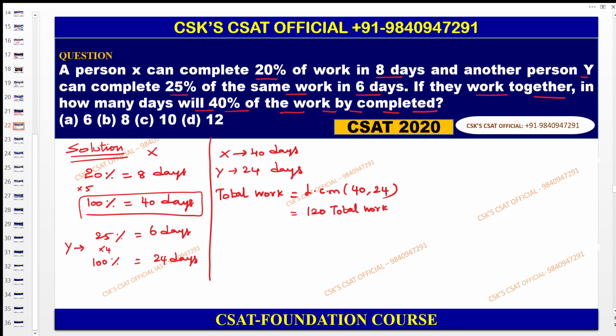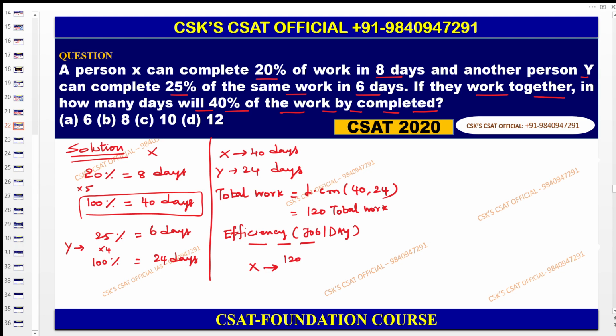Finding out the 1 day work. Very good. So the efficiency. You are finding out their individual efficiency, or else 1 day work, or job per day. You can take anything. Now for X, how to find that?